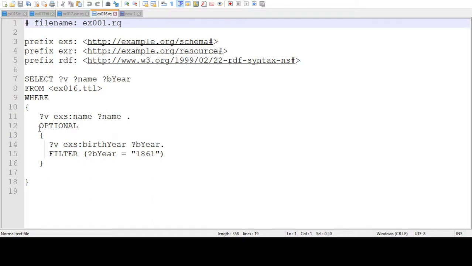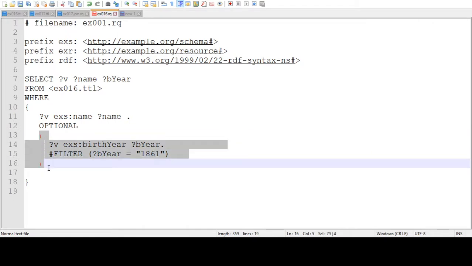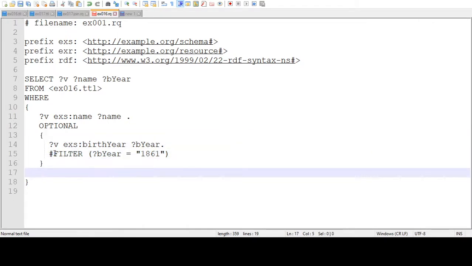So we have got the left join, a simple left join, but we will be using this query to do something else. We have got a filter here. As I have mentioned earlier, this left join can come with a filter in the second part of the optional, or it may not come with a filter. So we are talking about the simple left join operation. So there we say that we do not have a filter. So I'm just commenting this filter out. And let us see what would be the result, right? So let me move to the command prompt.